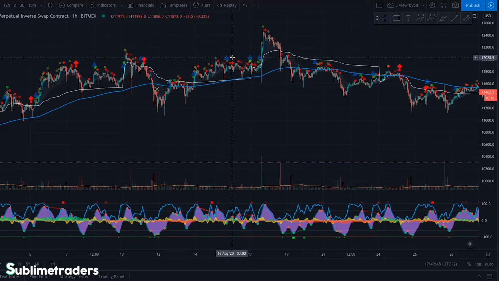This is not a buy or sell signal whatsoever. We also have the bearish continuation, which are the small red squares that you can see right here. This means that once you entered a short, the trend is continuing, so you can keep your position active as long as this continues.